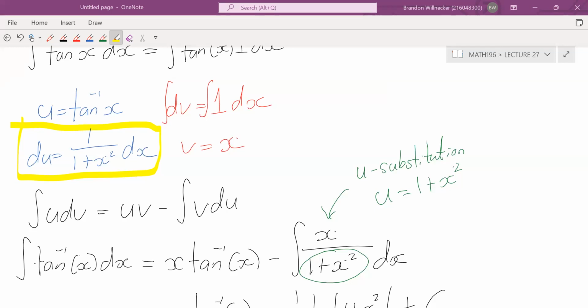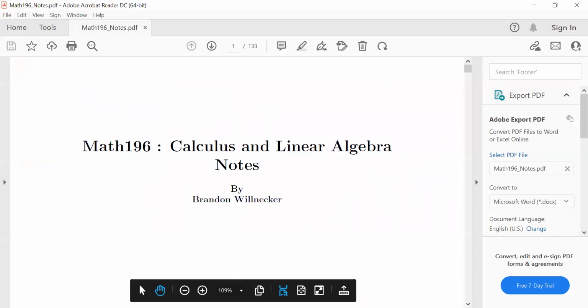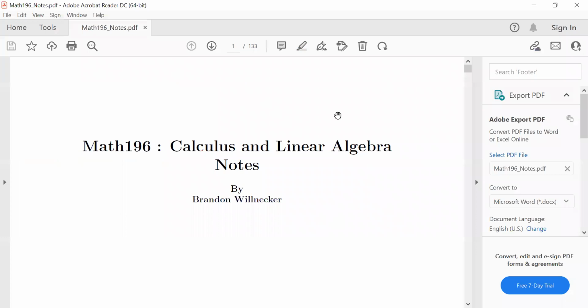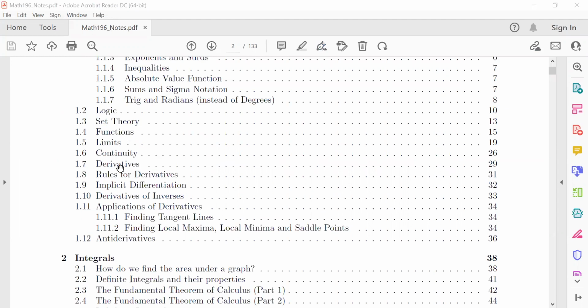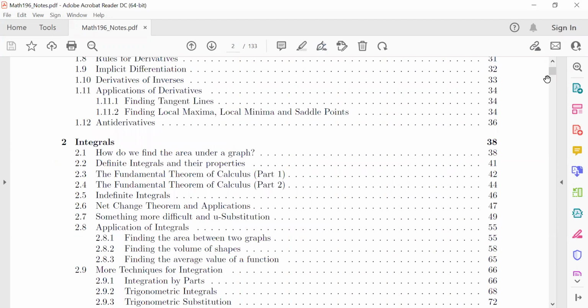Let me just find it here. Okay, can you see the notes here? Okay, let me just find where it is. Derivative of inverses. It's at page 33.